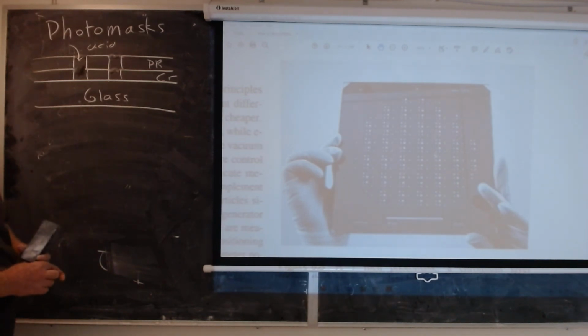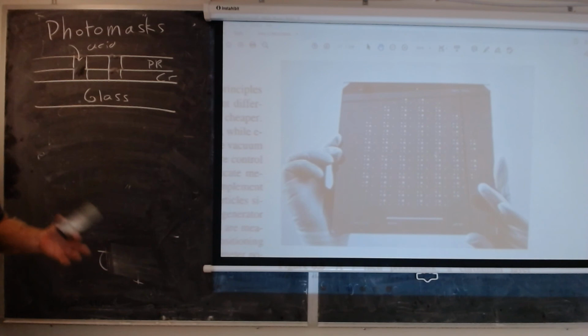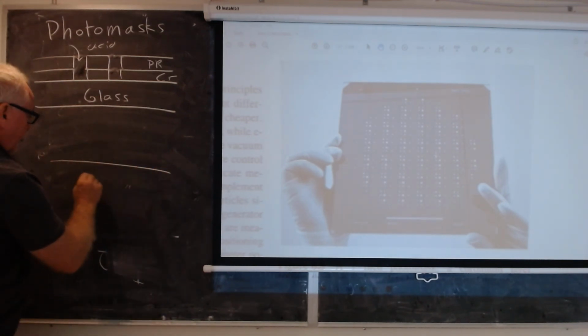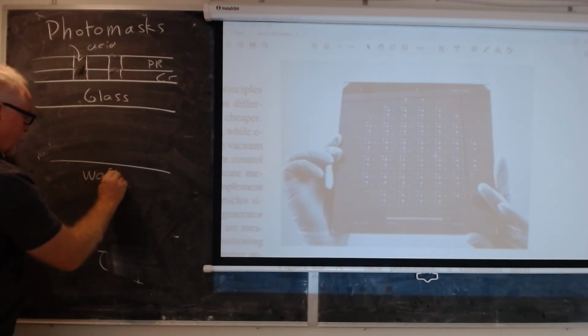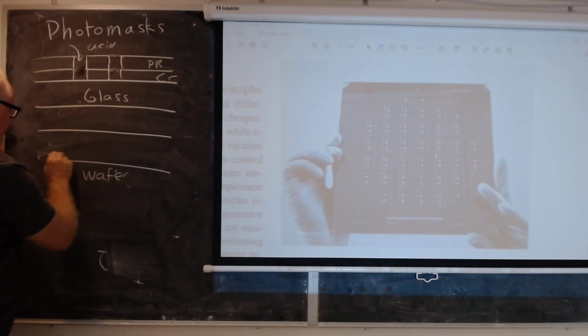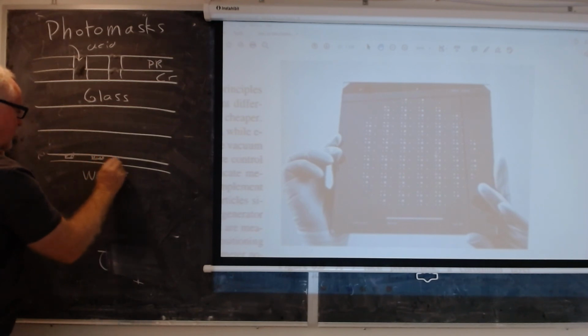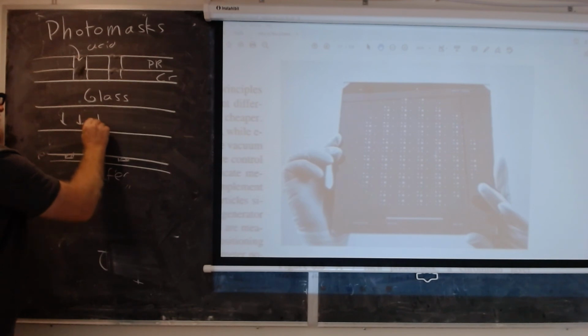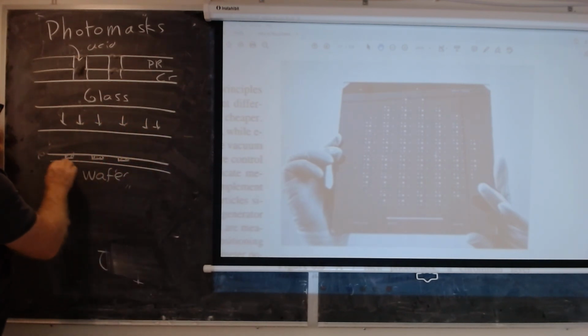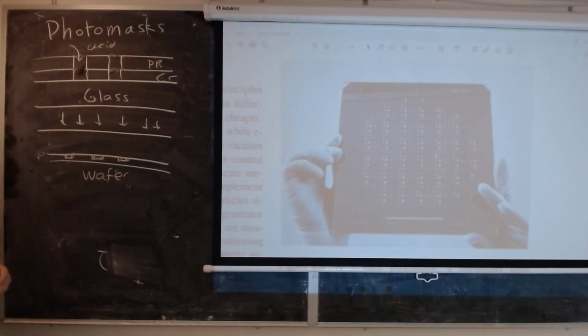Basically, it's used to do a wide area pattern in one exposure, because you take your wafer, you take your photomask with your metal features, and then you do an exposure on your wafer, basically using the photomask as an optical stencil.